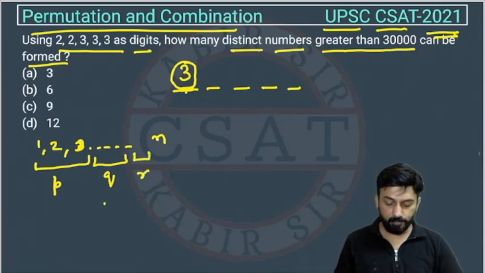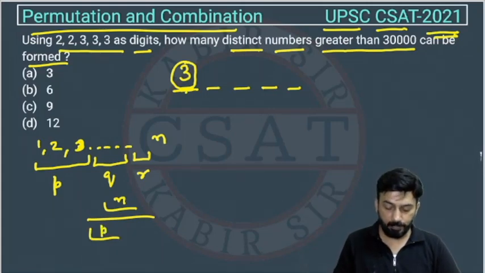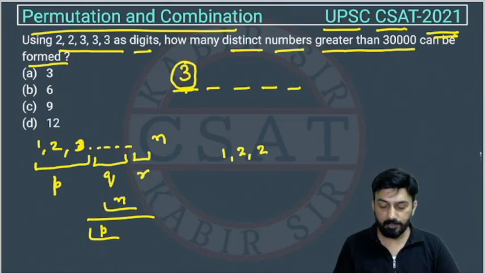So the formula is, first we will arrange all numbers in factorial n ways, then we will arrange these p numbers, because they are of the same type, so the arrangement will not make a difference, right? Suppose we are having 3 numbers. These 3 numbers we can arrange in factorial 3 ways, right?